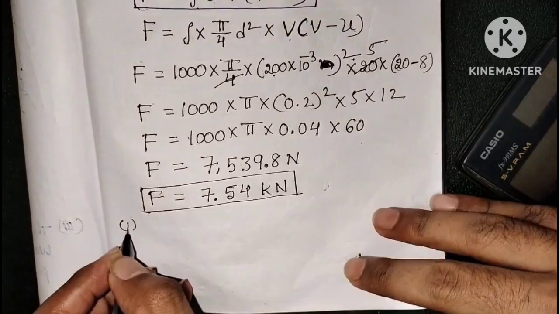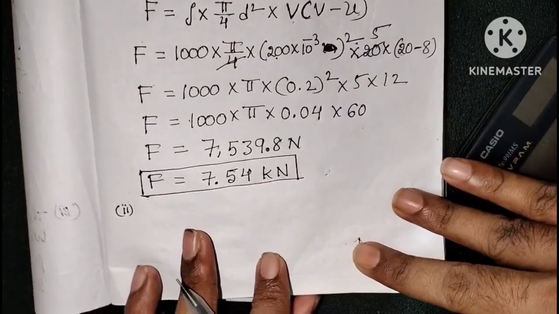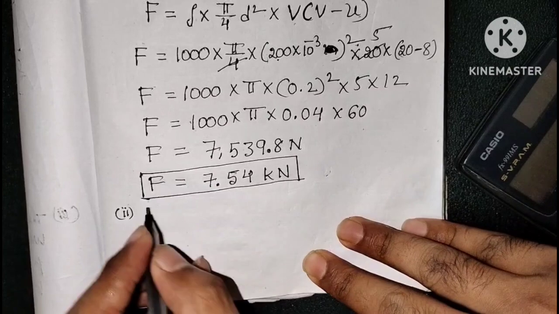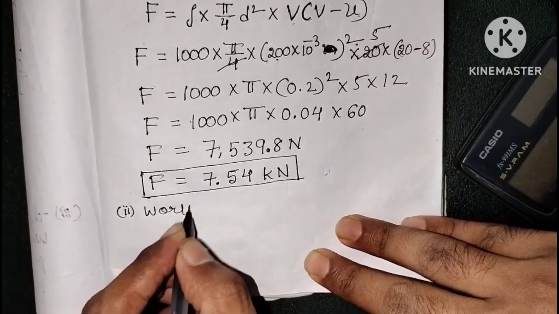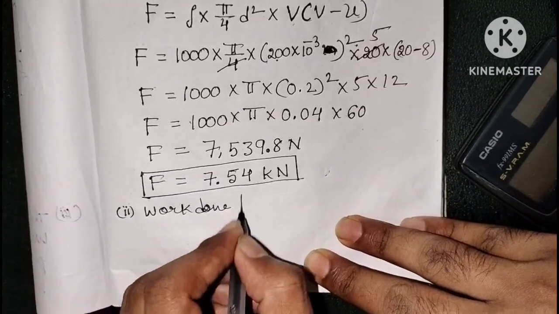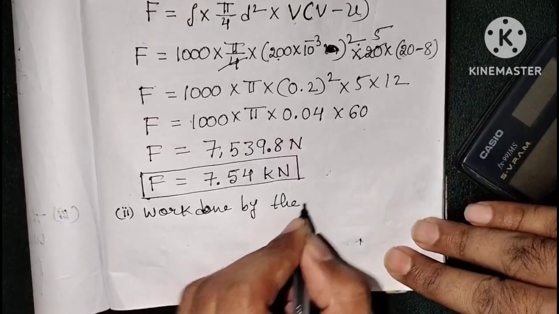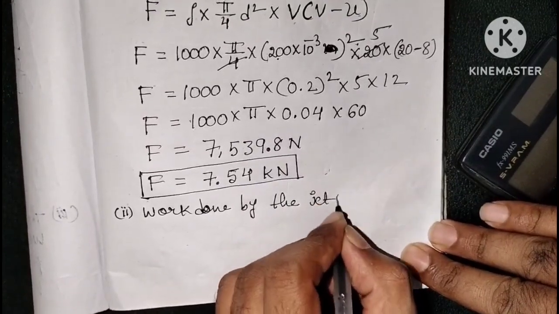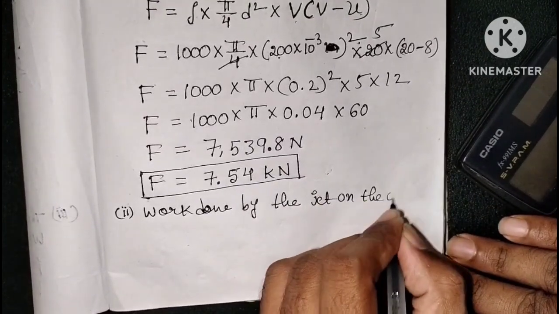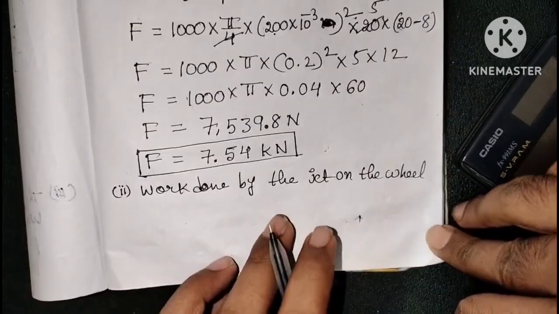And the next question is asking to find the work done by the jet on the wheel per second.